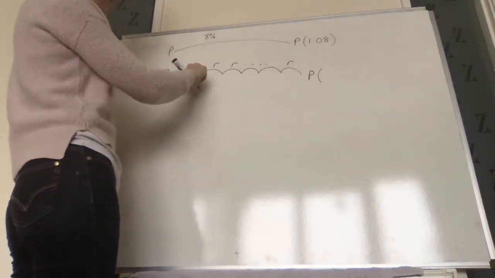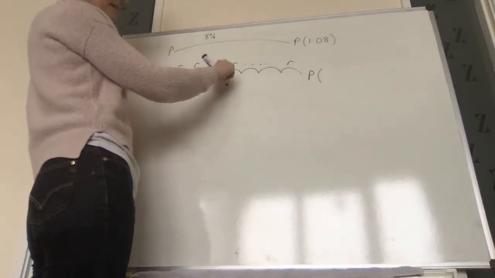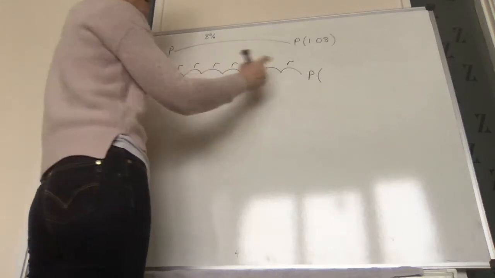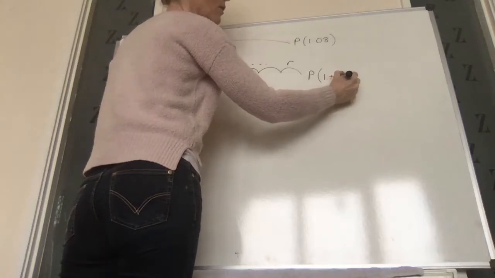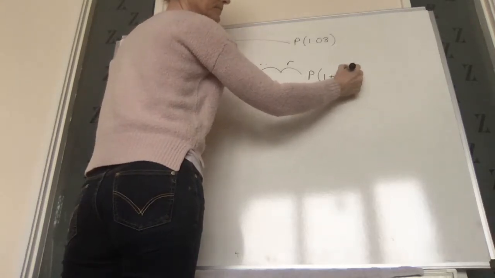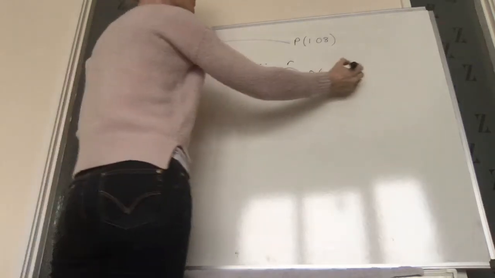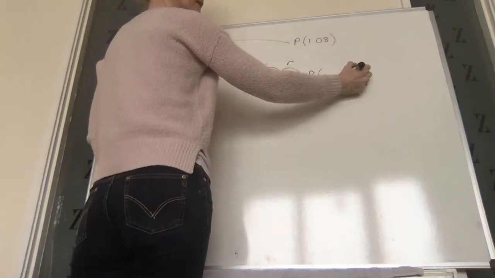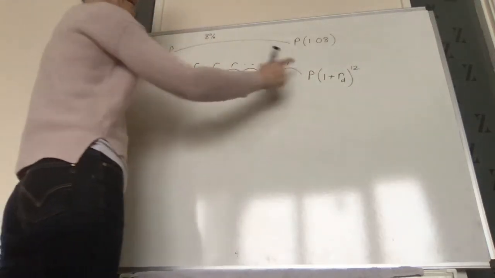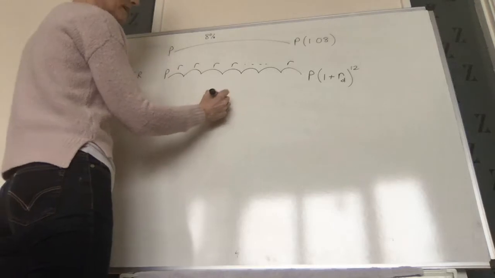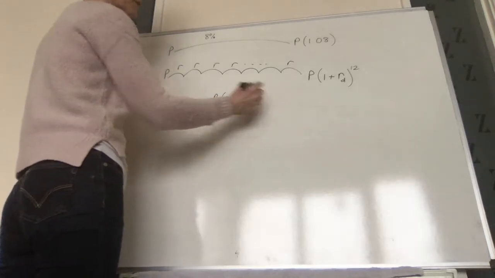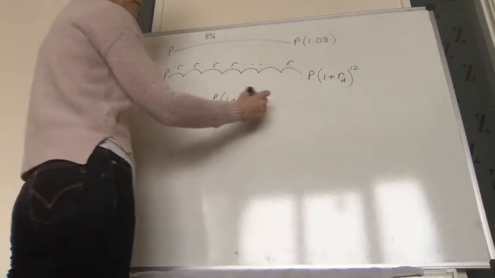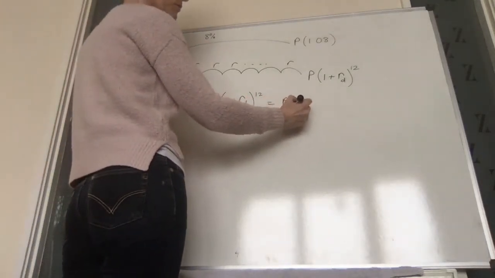So I know that if there's R% every month being compounded, I know at the end I'm going to get P times 1 plus R as a decimal, which is R over 100, to the power of 12. So again now I want P times 1 plus R as a decimal to the power of 12 to be equal to P times 1.08.